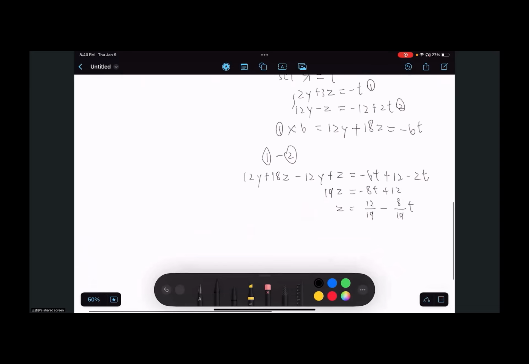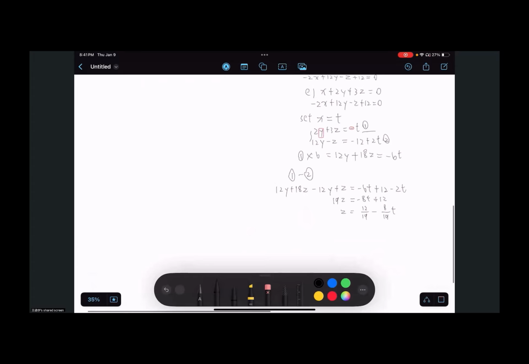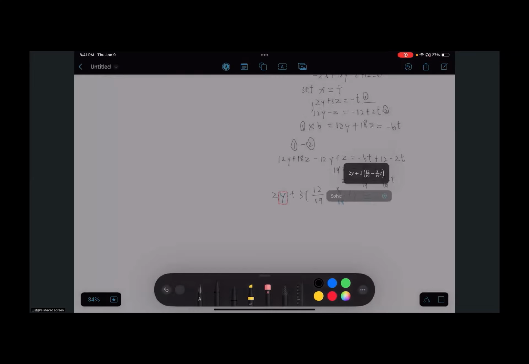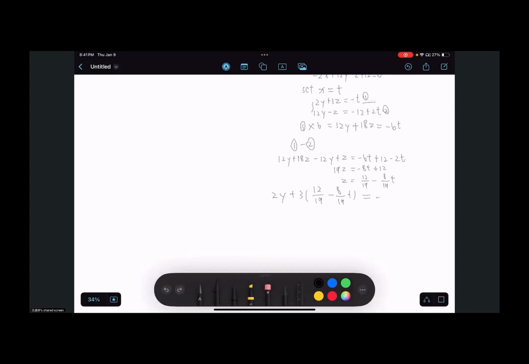So for y, we use equation 1. That's 2y plus 3 times 12 over 19 minus 8 over 19t equals negative t.